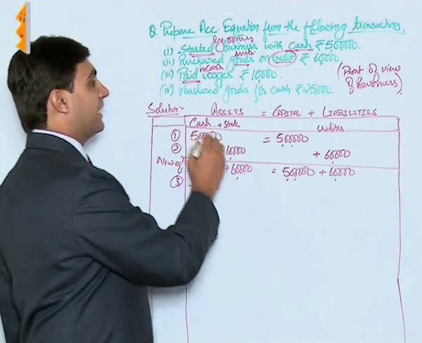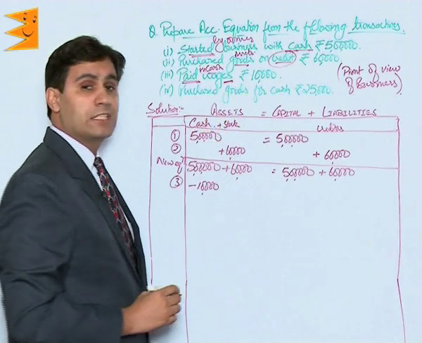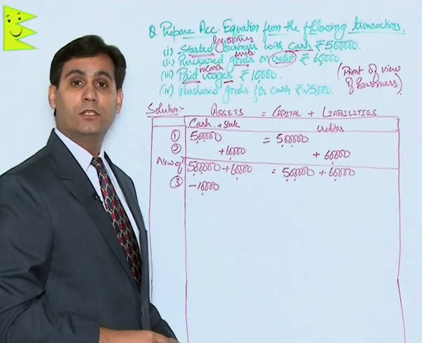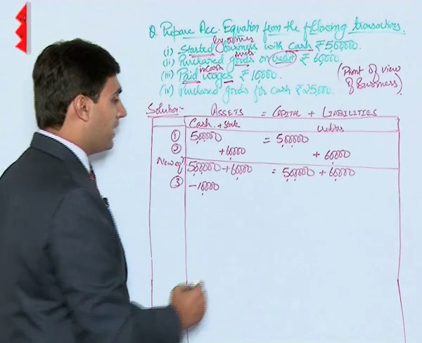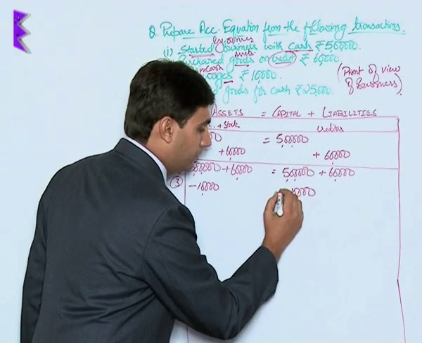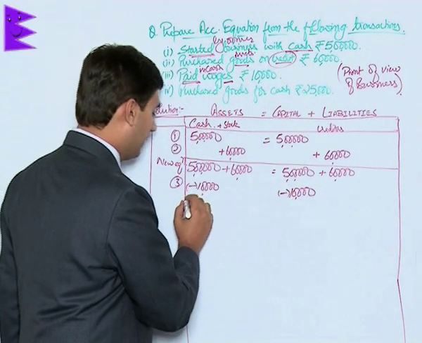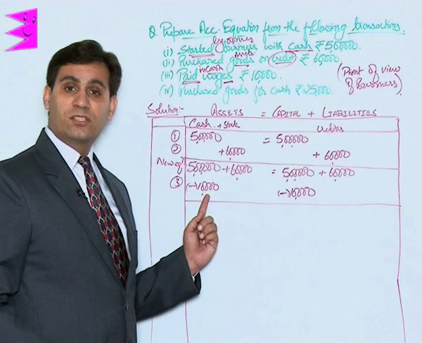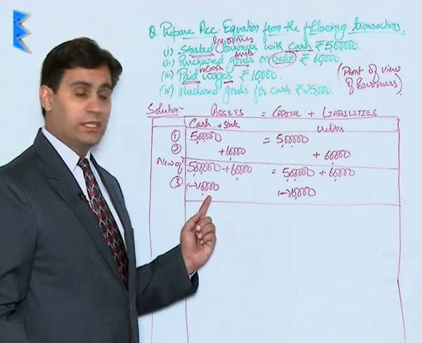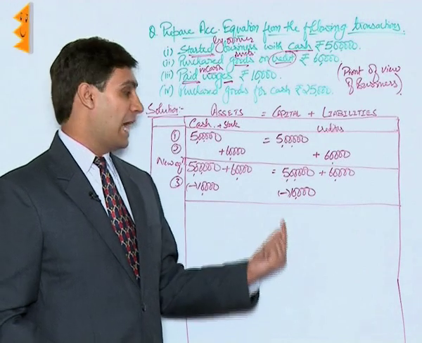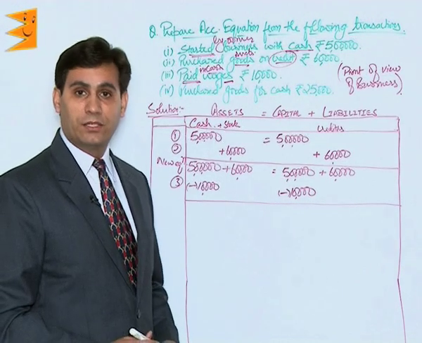Now, the second effect. Wages are an expense for the business and the expenses would have to be paid for by the owner. Since the owner is paying it, his capital would be reduced by 10,000. So both the effects have been illustrated. The first one being that there is a reduction in the cash for rupees 10,000, and the second one being, since the owner has paid, his capital would be reduced by 10,000.